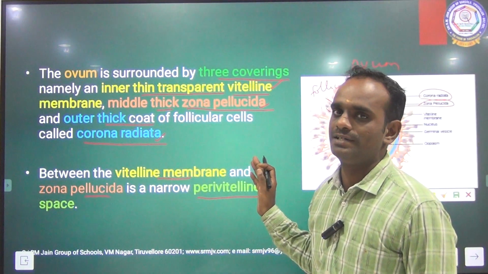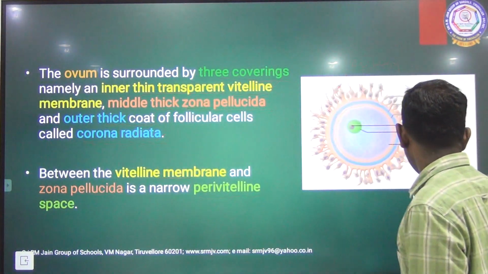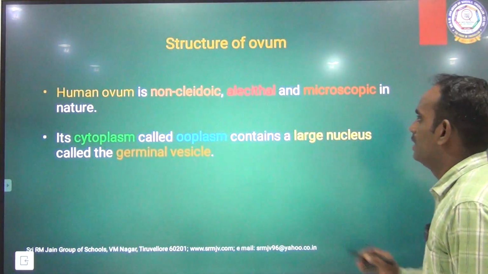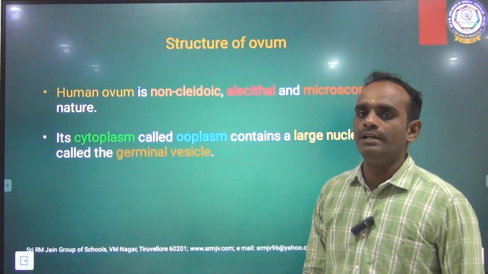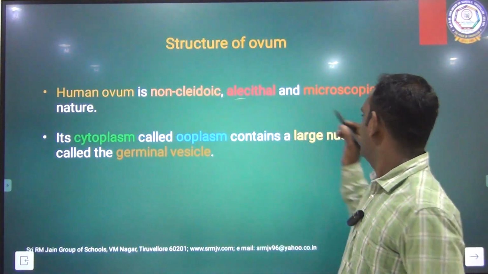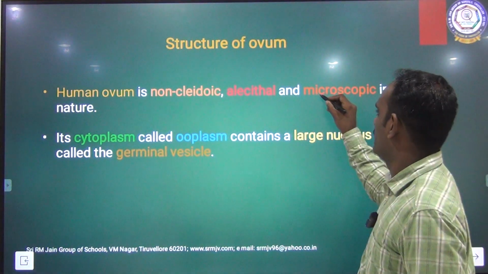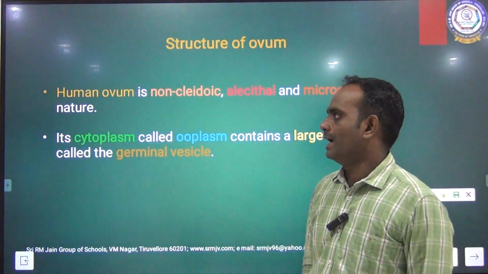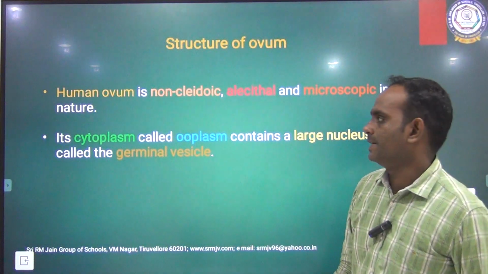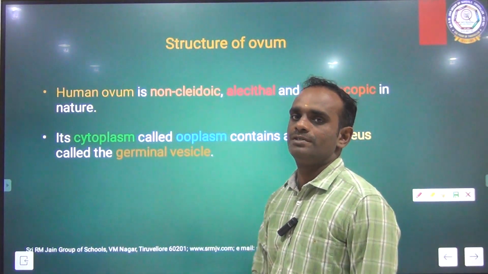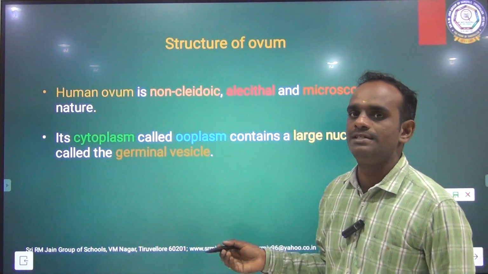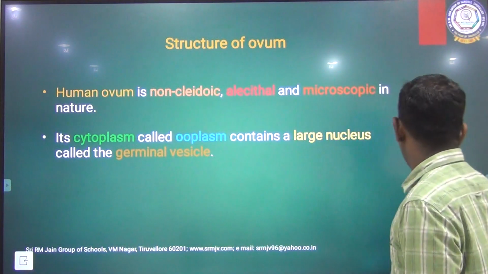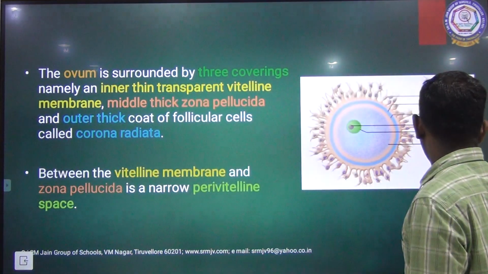Very simple explanation, once again I am repeating. Human ovum is non-cleidoic, alecithal, and microscopic in nature, and it is composed of cytoplasm. The cytoplasm of the ovum is called ooplasm and contains a large nucleus called the germinal vesicle.